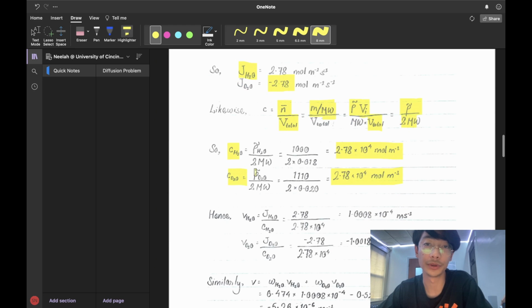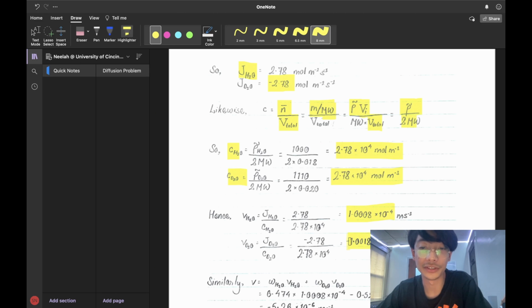So simply putting in the values that we calculated, we get that the mass average velocity of water is 1.0008 times 10 to the negative 4 meters per second, and the mass average velocity of D2O is equal to negative 1.0018 times 10 to the power negative 4.